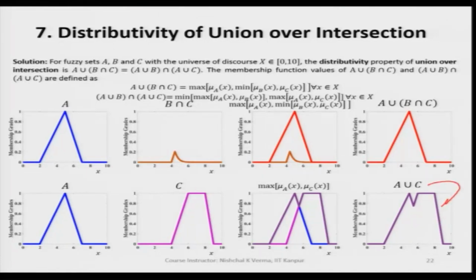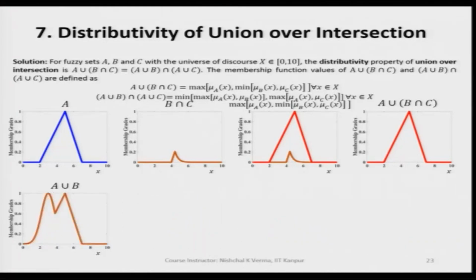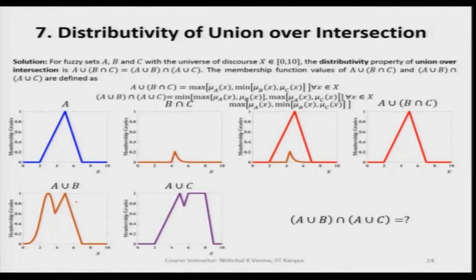So, this is A union C. Now, we have to take the intersection of A union B and A union C. Let us see what we are going to get out of these two. We have the A union B, which we have already just got, and then we have A union C.